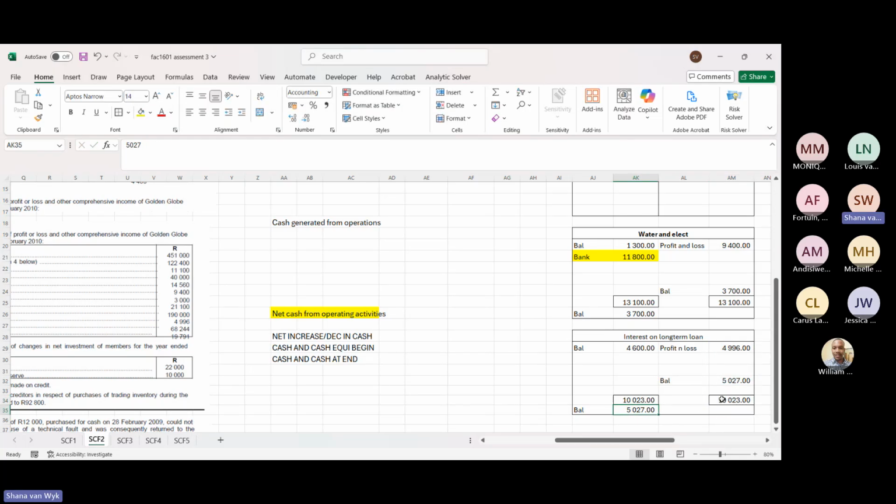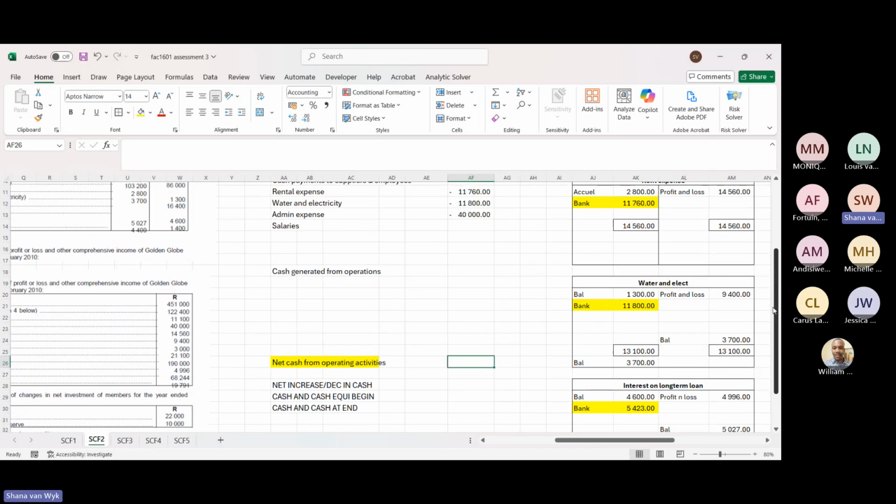Which means what are we going to pay? Which is bank, which is debit, which makes sense because bank will credit. So this is the amount. Everyone agree? Okay.